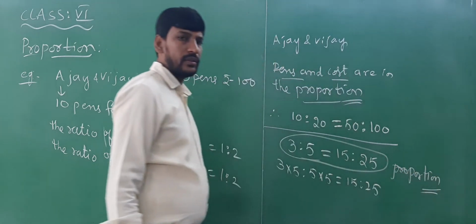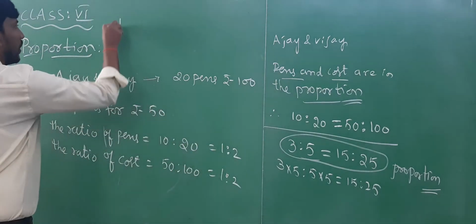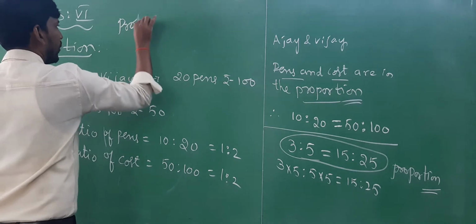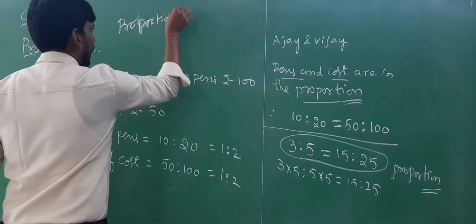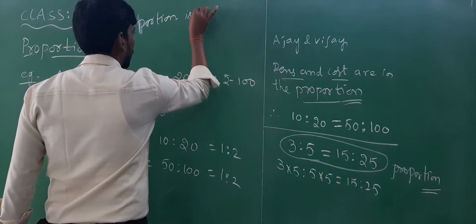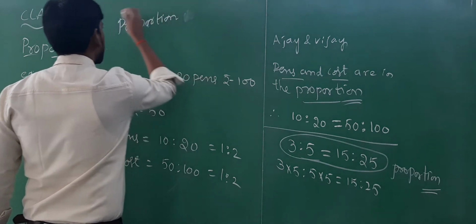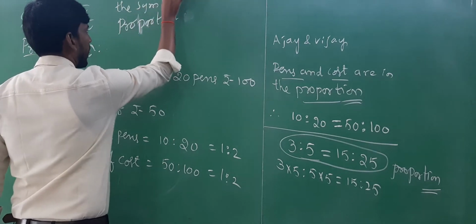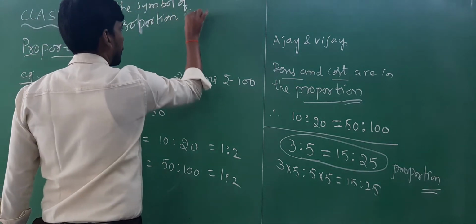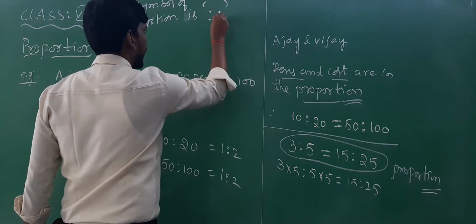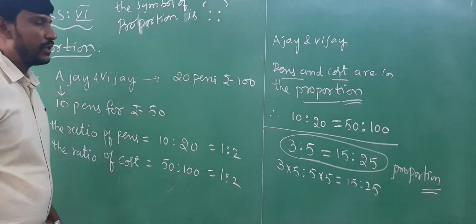Clear? So now the proportion symbol. The symbol of proportion is four dots. We use two dots for a ratio.